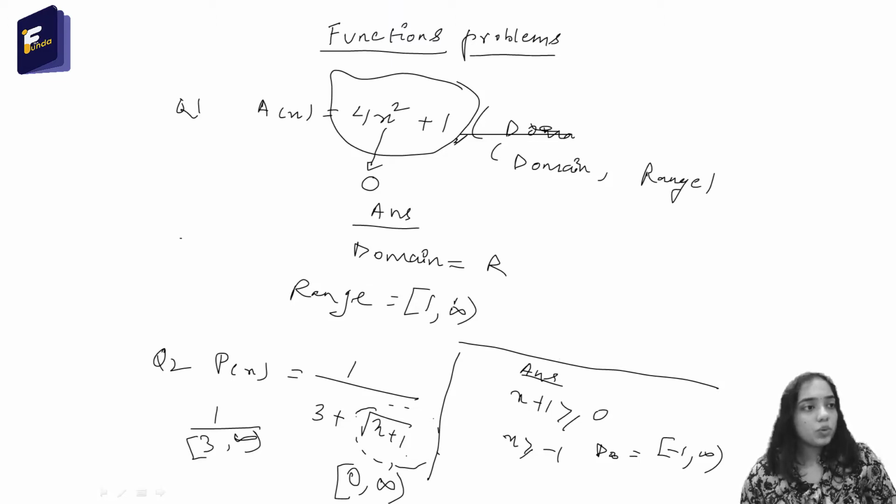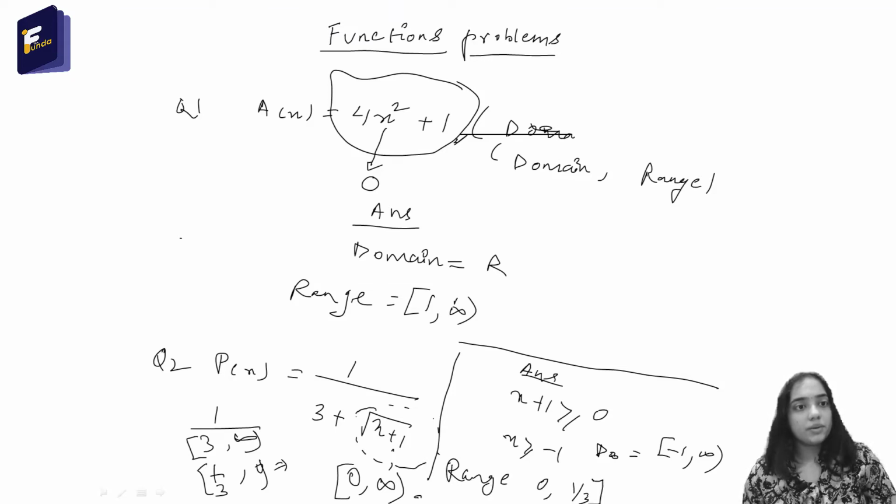It will be 1 by 3, and 1 by infinity is 0. So it is open at 0, and it is written as: range is 0 to 1 by 3. So this is the range of this whole function.